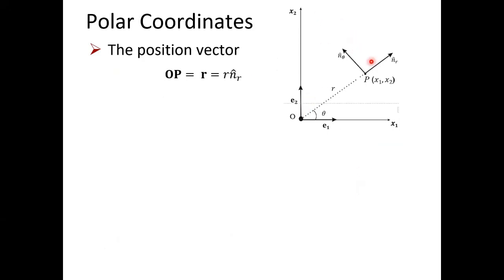And the position vector r, if I define it in the n hat r and n hat theta frame, I am interested not in defining things in the e1 and e2 frame, that is the fixed frame, but in describing the motion of this particle P with reference to this new coordinate system that I just defined, n hat r and n hat theta.